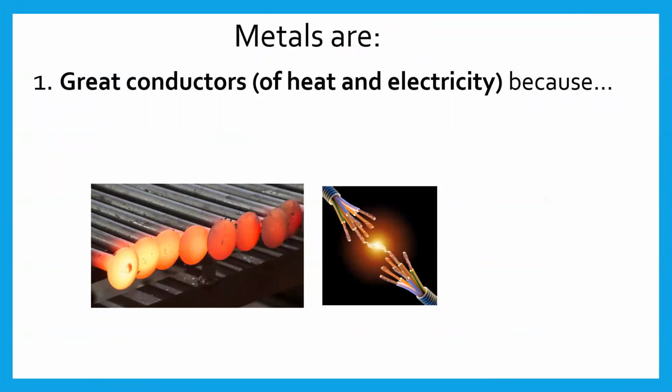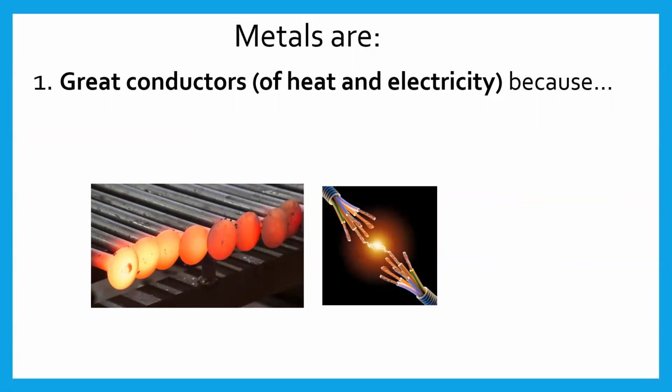So we know there are properties of metals: good conductors, ductile, malleable. Now we want to know why. Well, it has everything to do with the way that these bonds between metals occur.